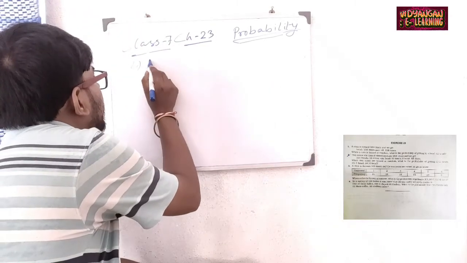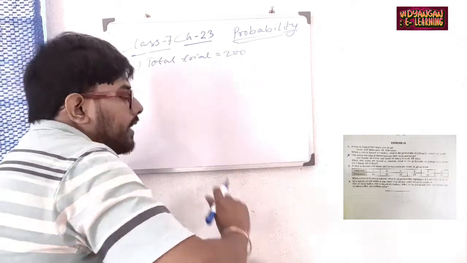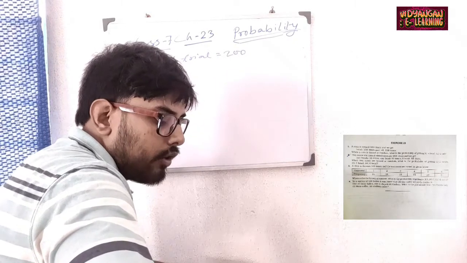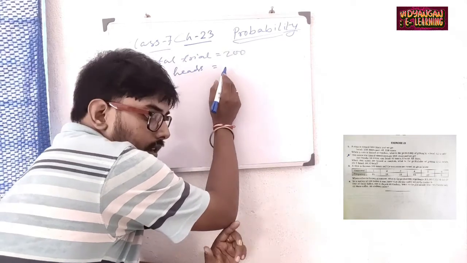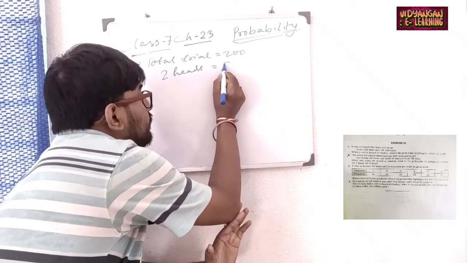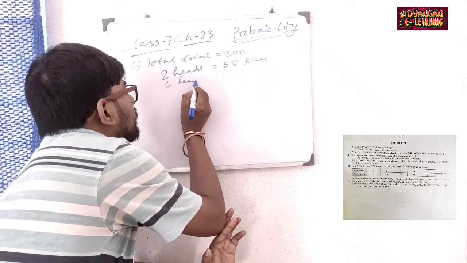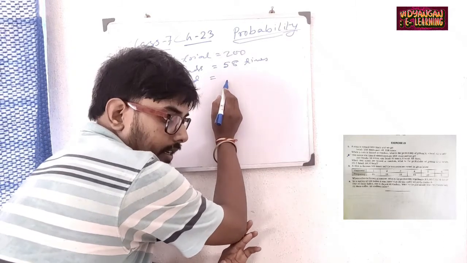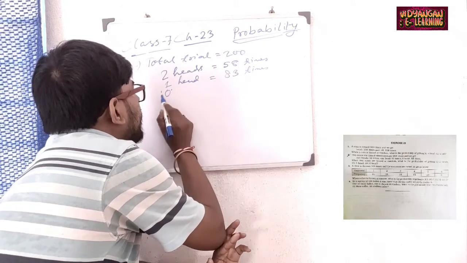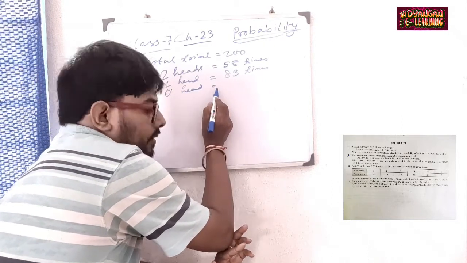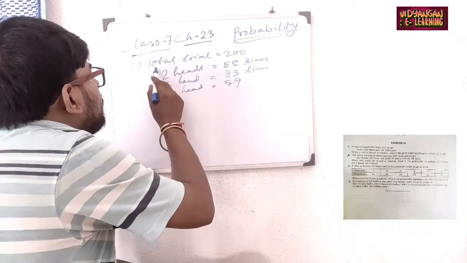So the total number of trials is equal to 200, out of which two heads occur 58 times, one head 83 times, and no head or zero head 59 times. What do you mean by this?